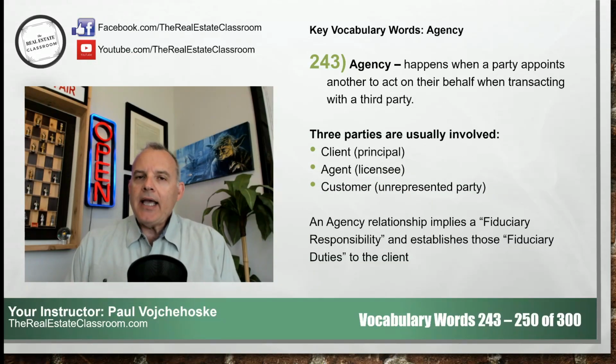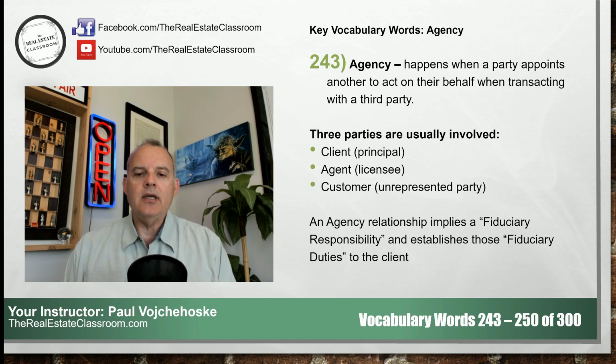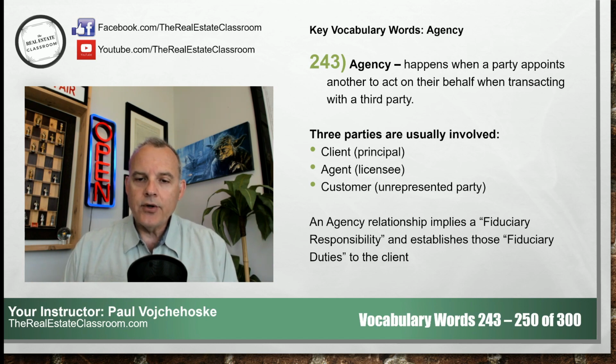Now, in an agency relationship, there are three common parties that you have to know. There is the client, or sometimes known as the principal. They hire the agent, or sometimes called the licensee. And then we also have what's called a customer, or an unrepresented third party.